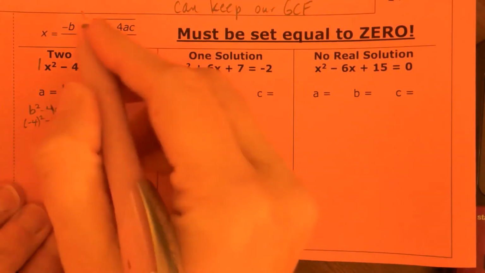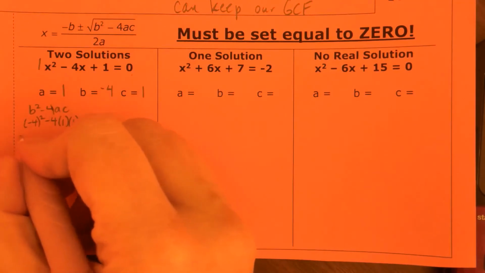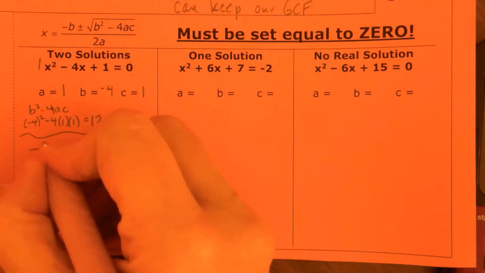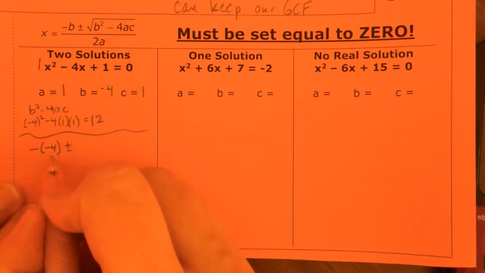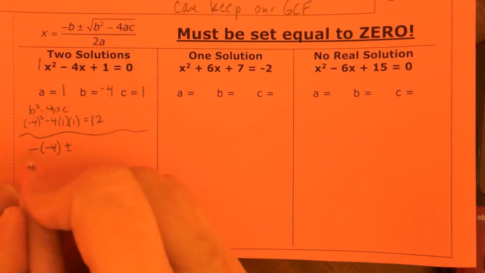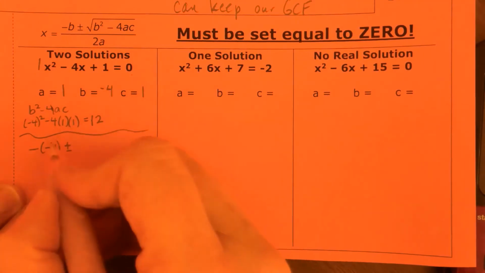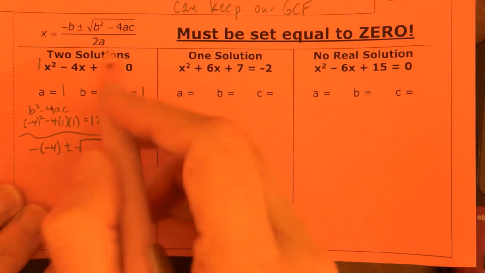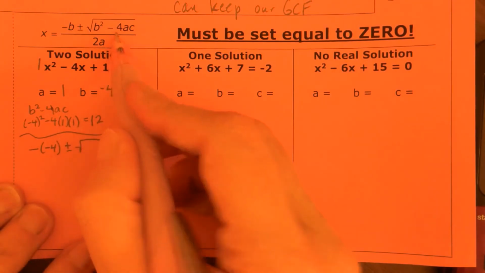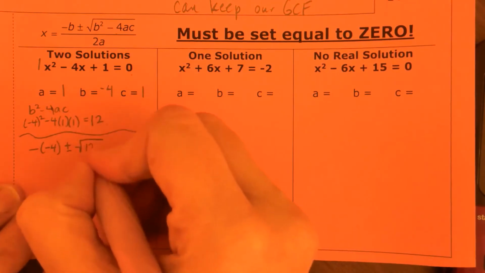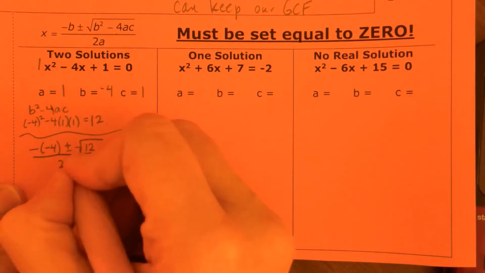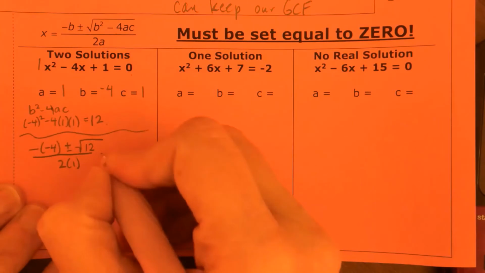So I'm going to do negative b. Now notice, every time they give me a number, I put it in parentheses. So negative b is negative 4. So I do negative 4 plus or minus the square root of b squared minus 4ac. Well, didn't I already find that? Yeah, it's 12, over 2a, which is 1.